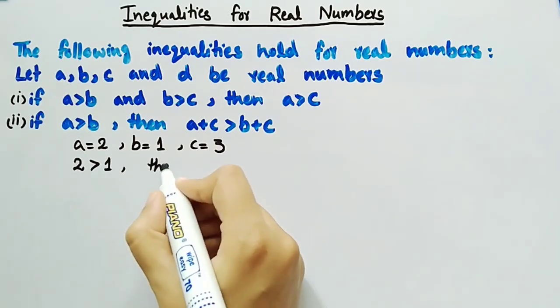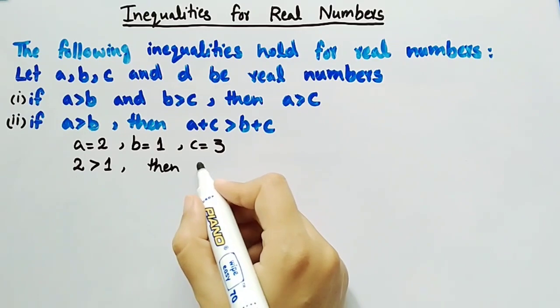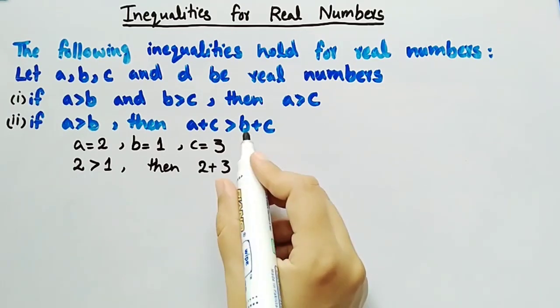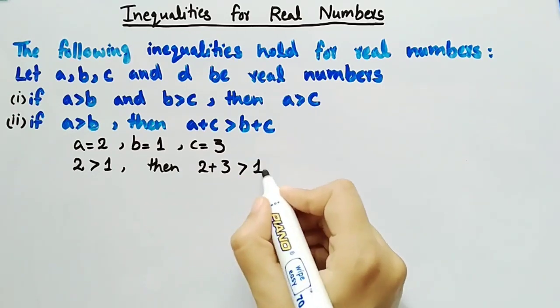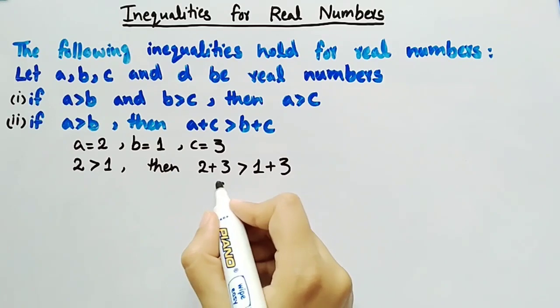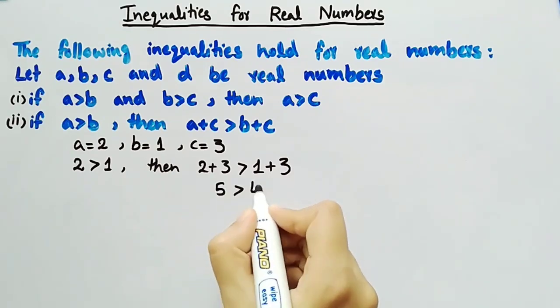Then A plus C, which is 2 plus 3, is greater than B plus C, which is 1 plus 3. This is equal to 5 greater than 4.